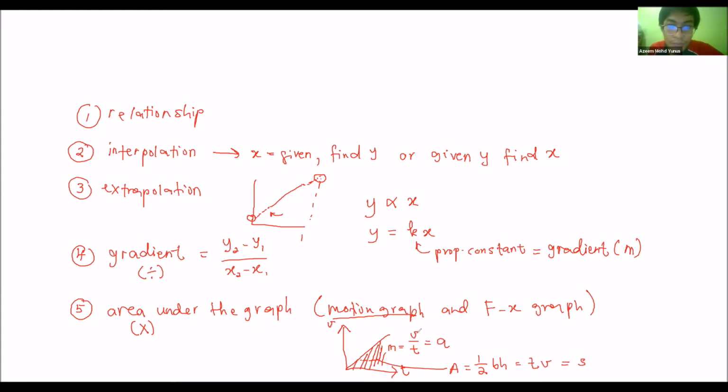So area under the graph is also an important thing that you can extract from the graph apart from the gradient. It's very important in terms of the motion graph. We already learned about that before.